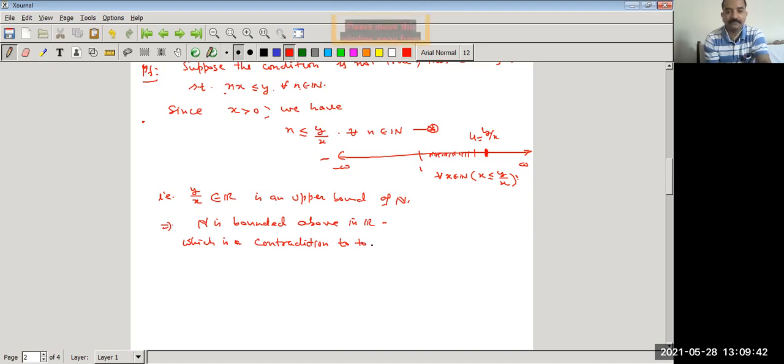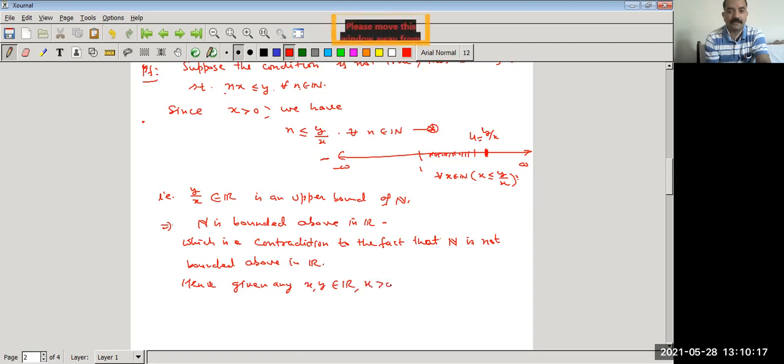To the fact that the set of natural numbers N is not bounded above in R. Hence, given any x, y belongs to R with x greater than 0, there exists a natural number n belongs to N such that n into x is greater than y. So this is the Archimedean property.